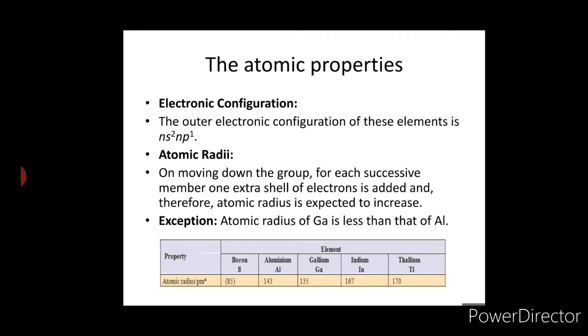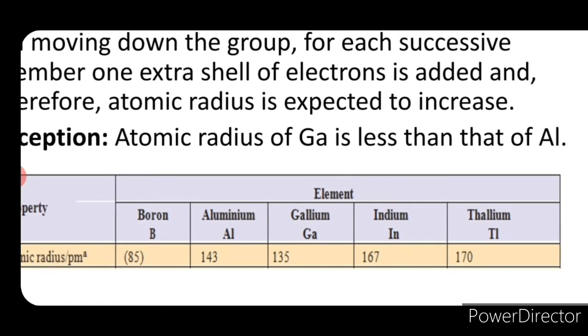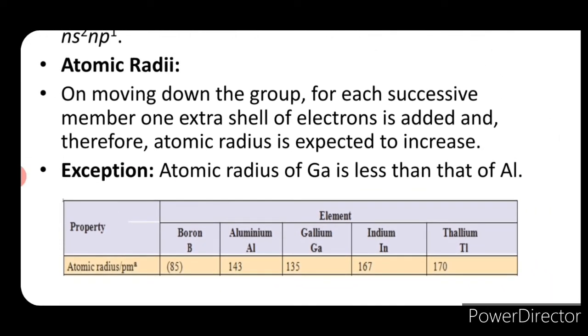As you see in this table, the atomic radius of boron is 85, aluminium 143, and gallium, look at this, 135 picometer.